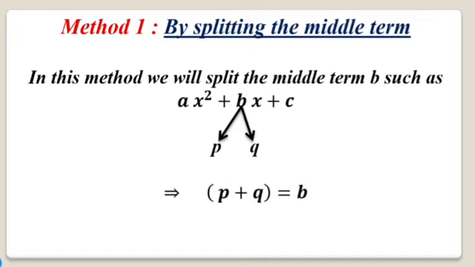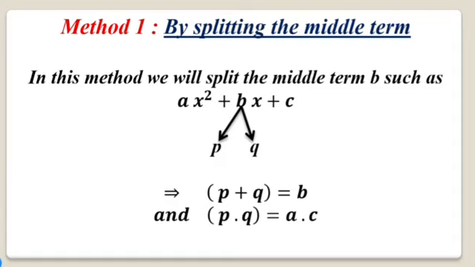This is the condition. If we add p and q, we get back the value b, and if we multiply these two terms, we get the product of a and c. This is the rule. I hope everyone understood.